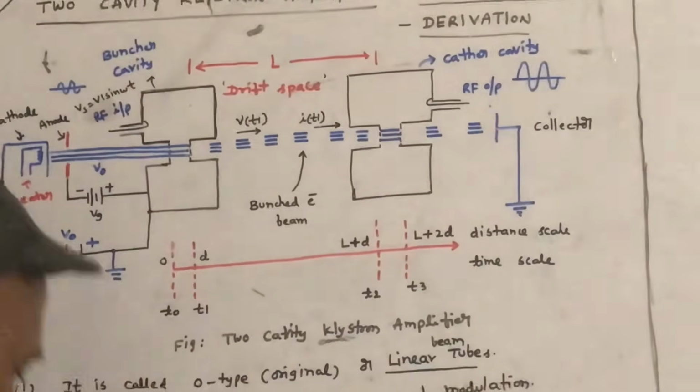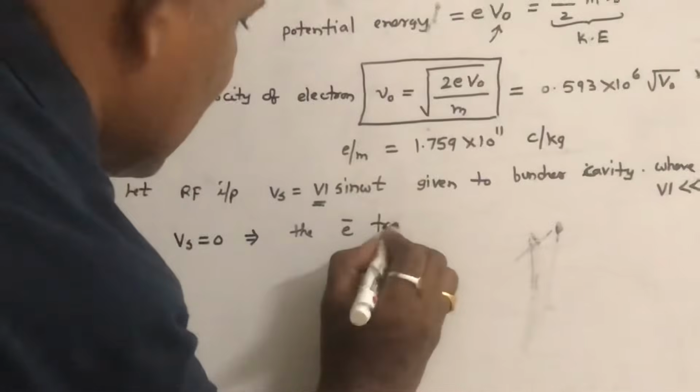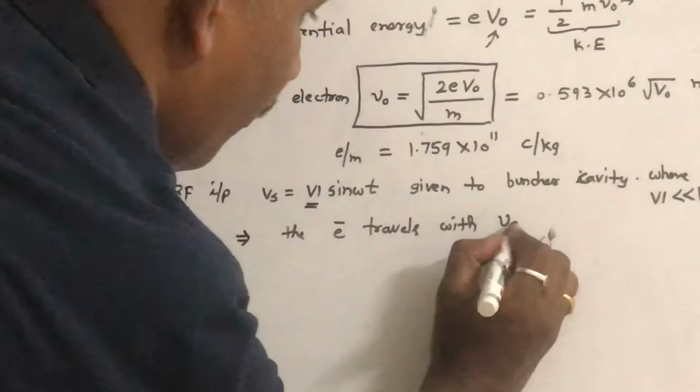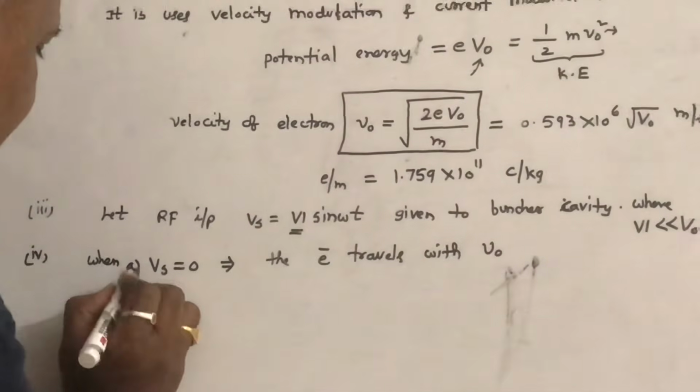So when gap voltage Vs equals 0, the electron travels with velocity V0. Let us call this case A.